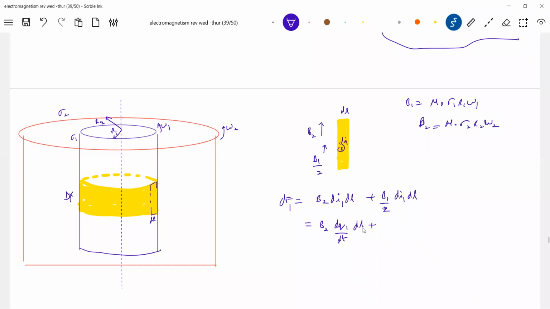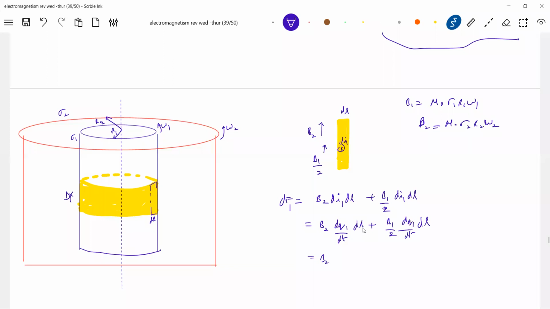Why B1 by 2? This particular strip produces a field, and due to that, this rotating strip will experience a force, no? So therefore that B1 by 2 will be there. So this will be mu naught. Let it be as it is. So dq1 by dt into dL.